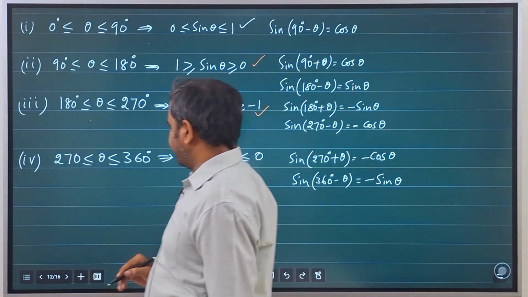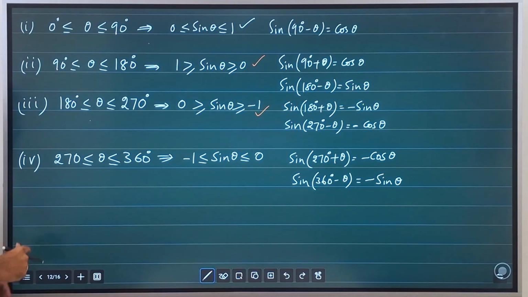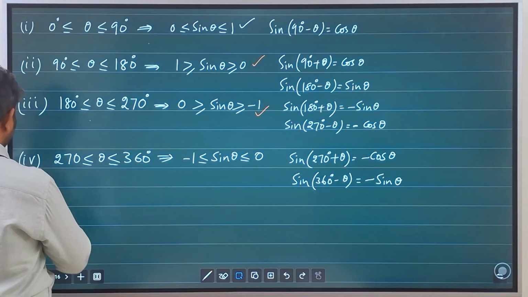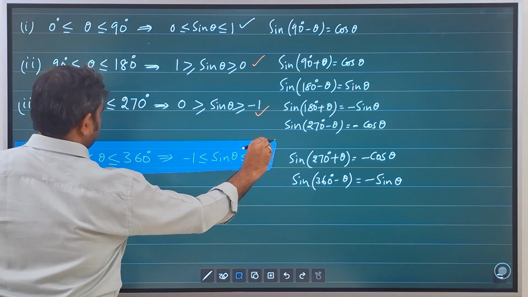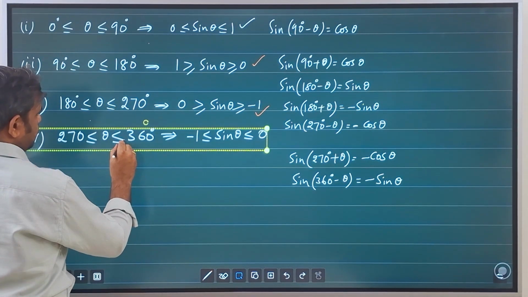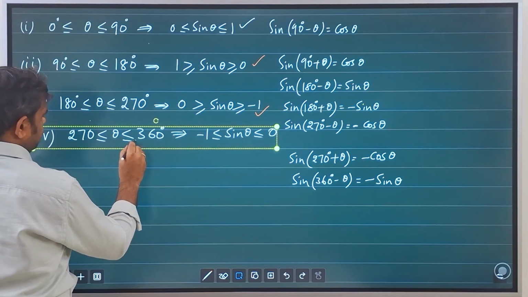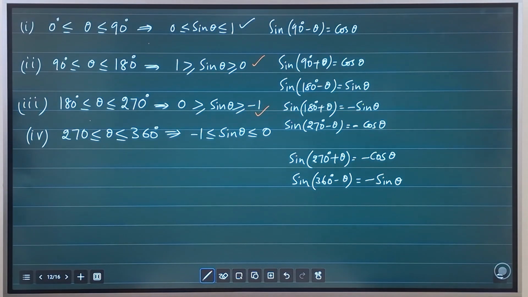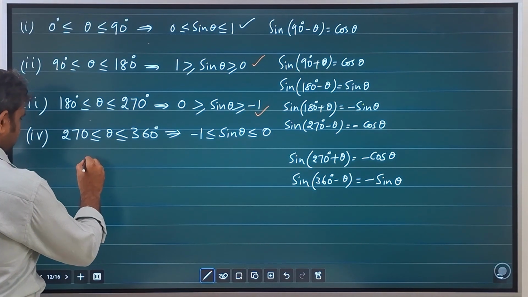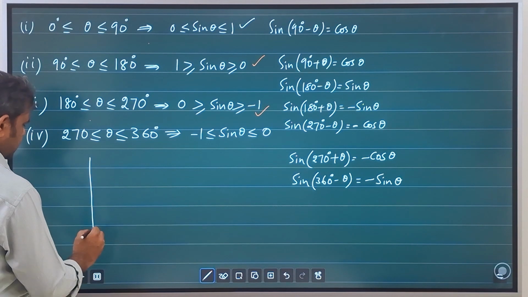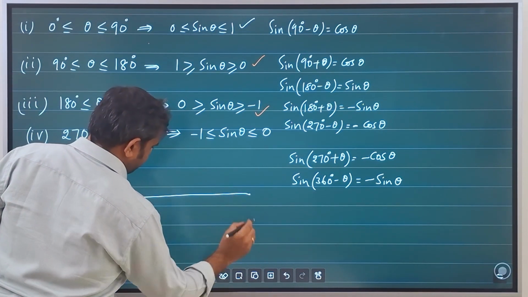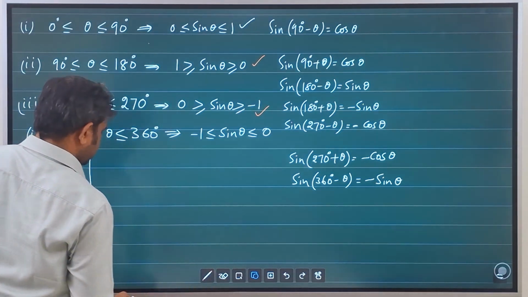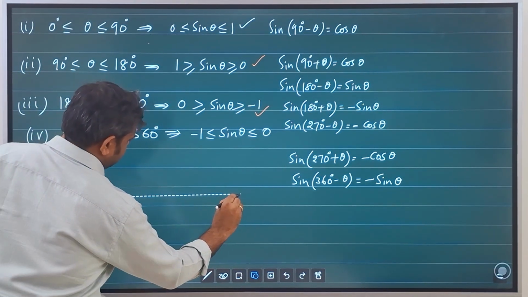If I draw a graph showing how sine theta is changing as theta is changing, let me draw a graph between sine theta and theta. The graph shows the variation of sine theta and theta.